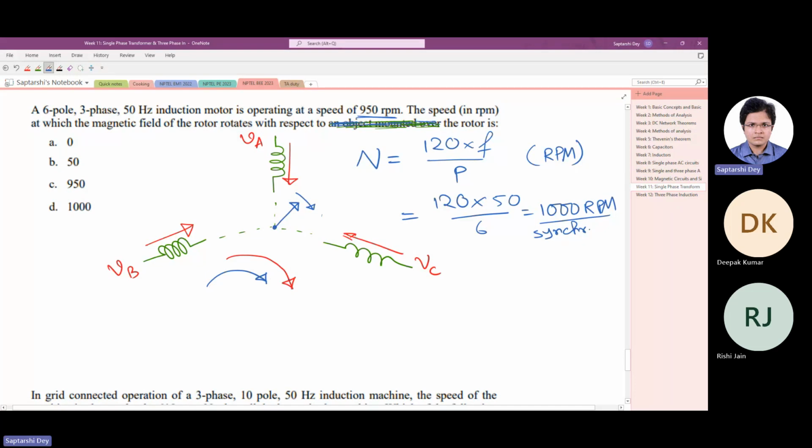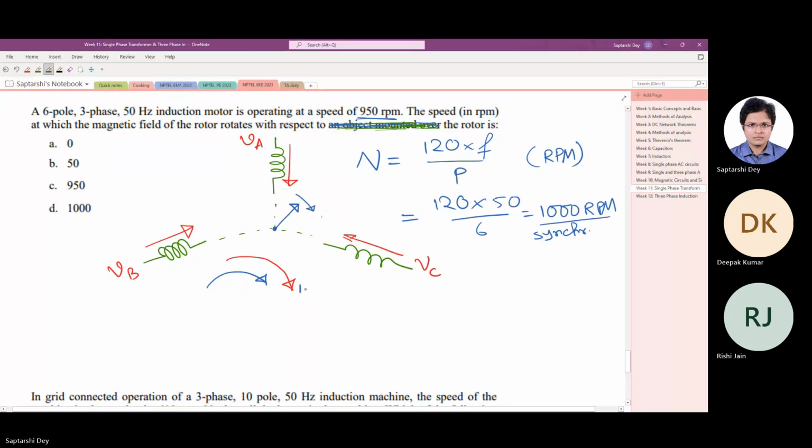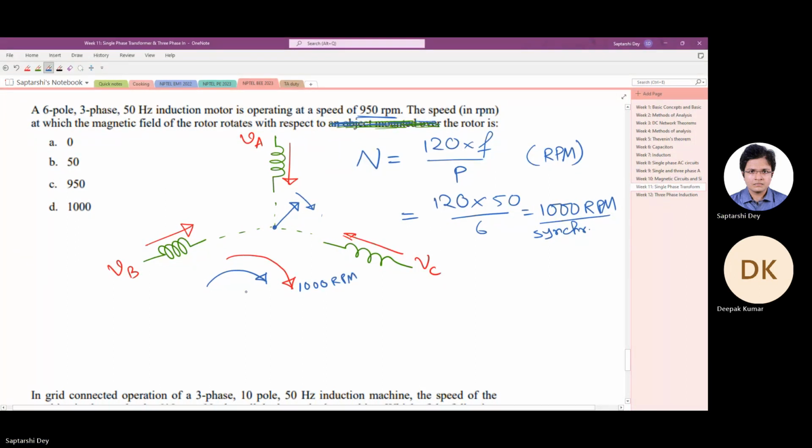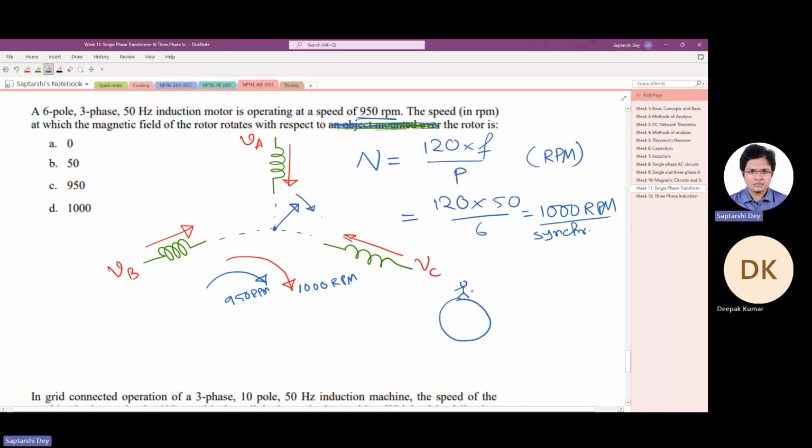It tries to catch up with the stator field but cannot, because if it could catch up, it would again slow down. Faraday's law. So this is 1000 rpm and the rotor is rotating at 950 rpm. Now you are standing on the rotor.